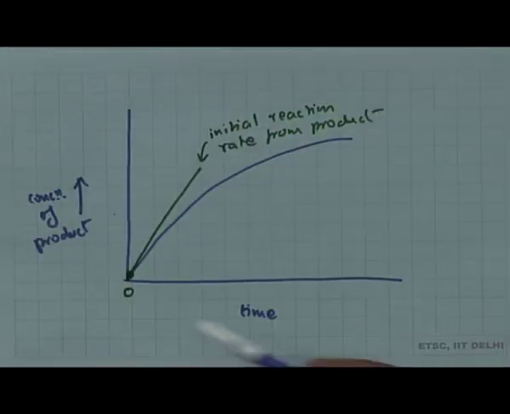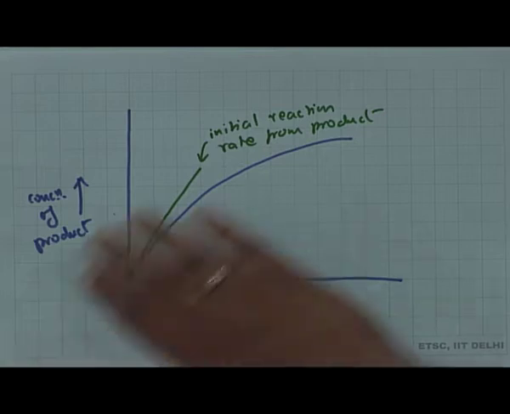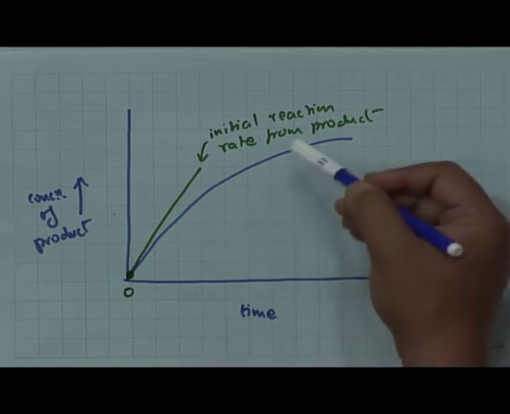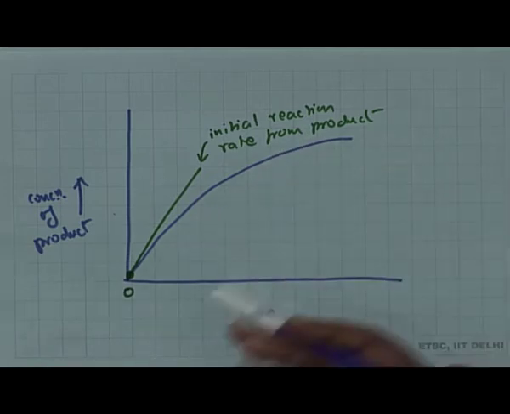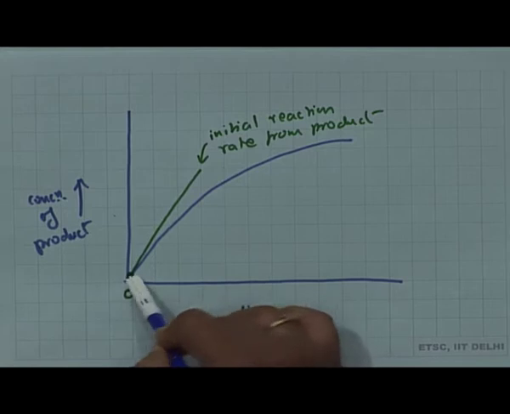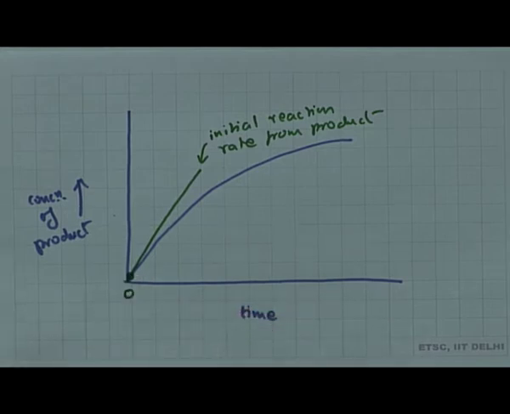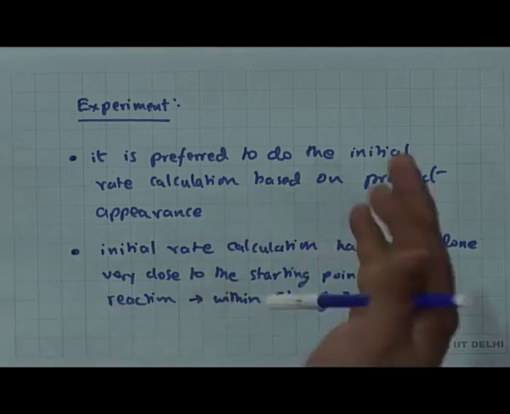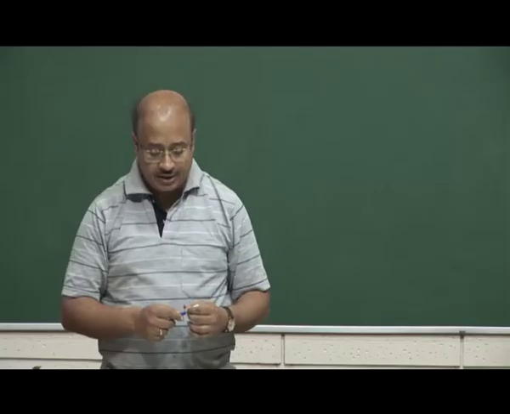Similarly, we can do the same thing for the product. At time 0, the product is gaining as a function of time, that means it is coming into existence, and we get the initial rate by drawing a tangent at the very early time point for the product. A couple of other points we also mentioned about this initial rate.